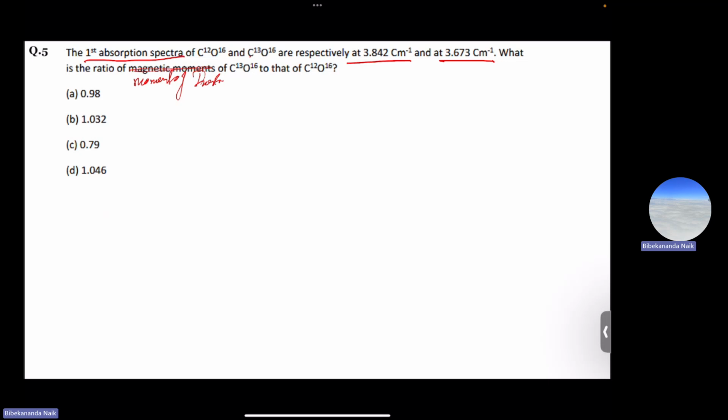So if we discuss now, we know the value of energy E_J is J into J plus 1 B, where J is 0, 1, 2, 3 like that, and the value of B is h divided by 8 pi square I c.